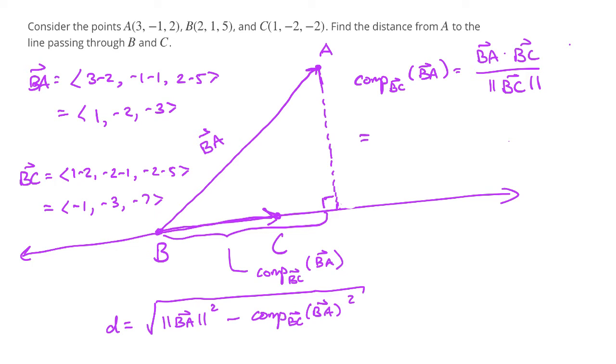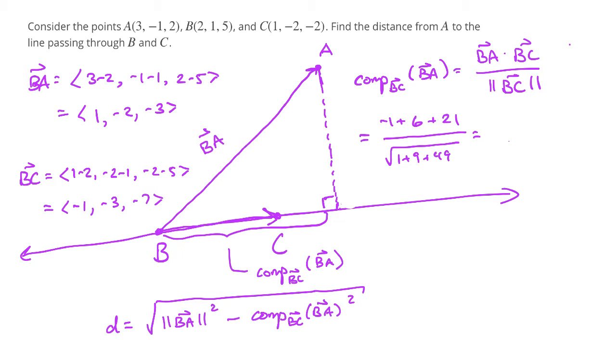And so for this one, we have BA dot BC is going to give us a negative 1 plus a 6 plus a 21 over the length of BC, so that will be the square root of 1 plus 9 plus 49.